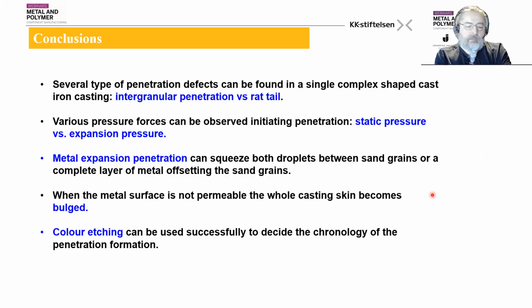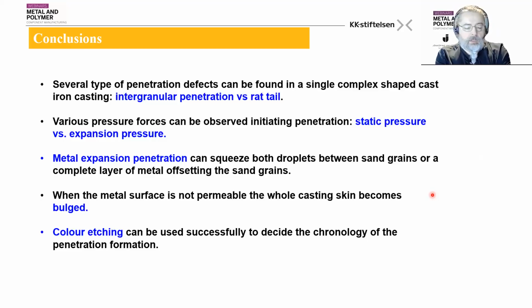Metal expansion penetration can squeeze both droplets between the grains, or a complete layer of metal will offset the sand grains. When the surface is not permeable, the whole casting skin becomes bulged. And finally, color etching can be used successfully to decide the chronology of the penetration formation.